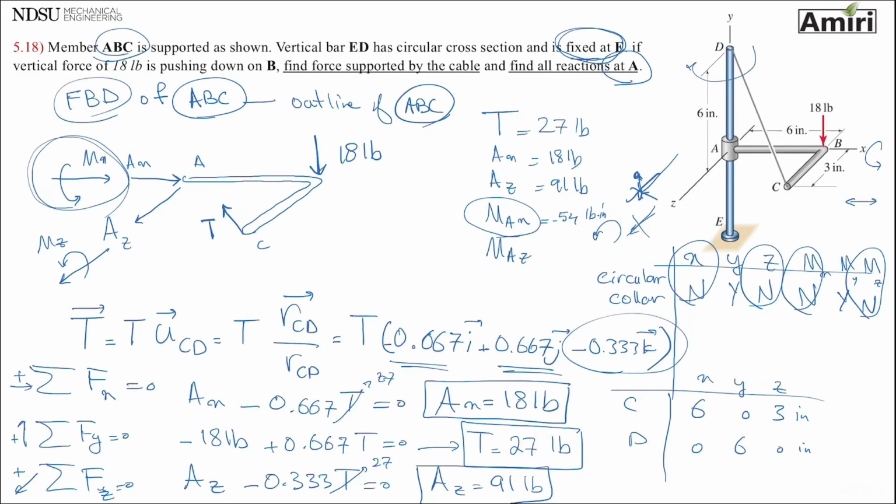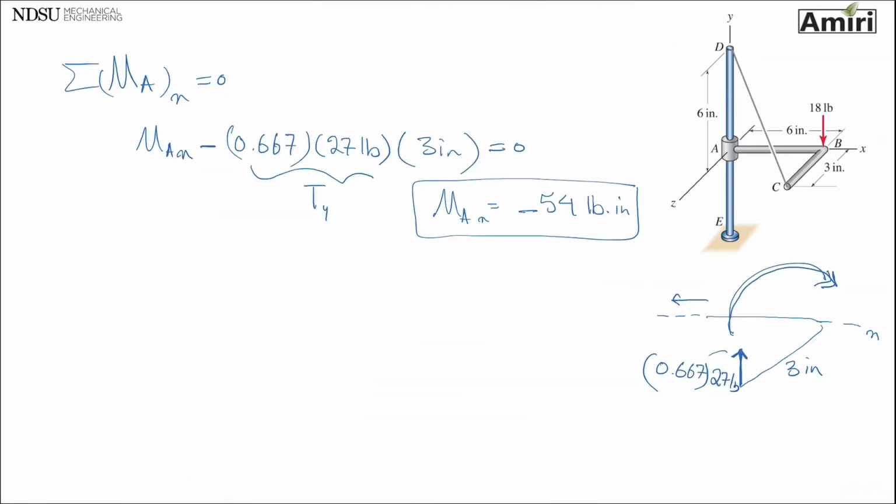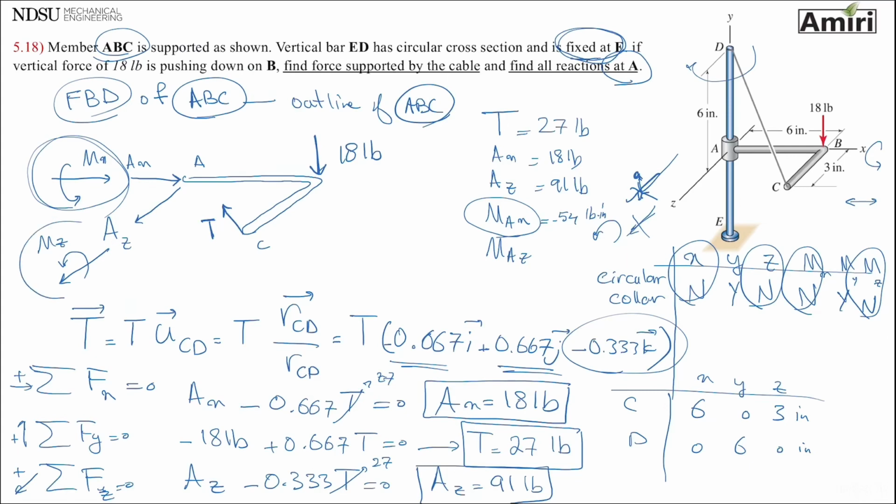Last one that I'm going to use is summation of moment about z. Moment of A about z axis being 0. So anything that will cause rotation about z axis. And here I see at least 2 forces. So first thing, moment of A about z comes from this unknown. This is what I'm trying to find.